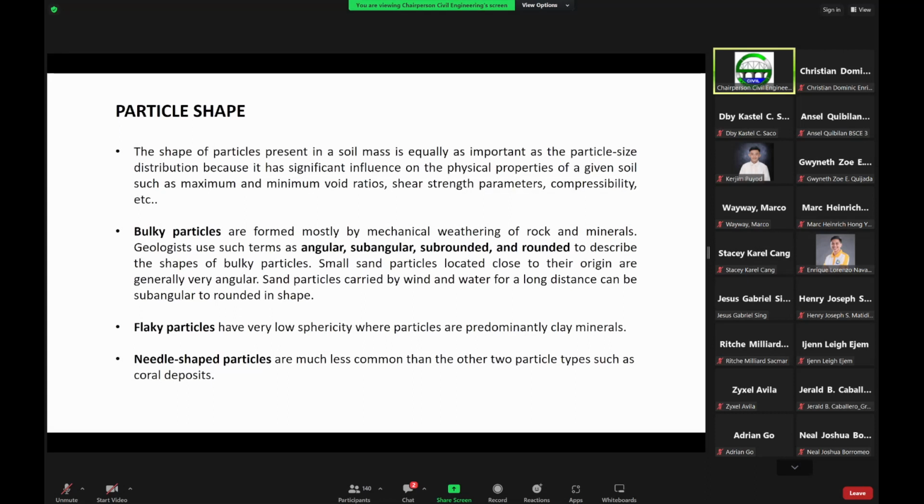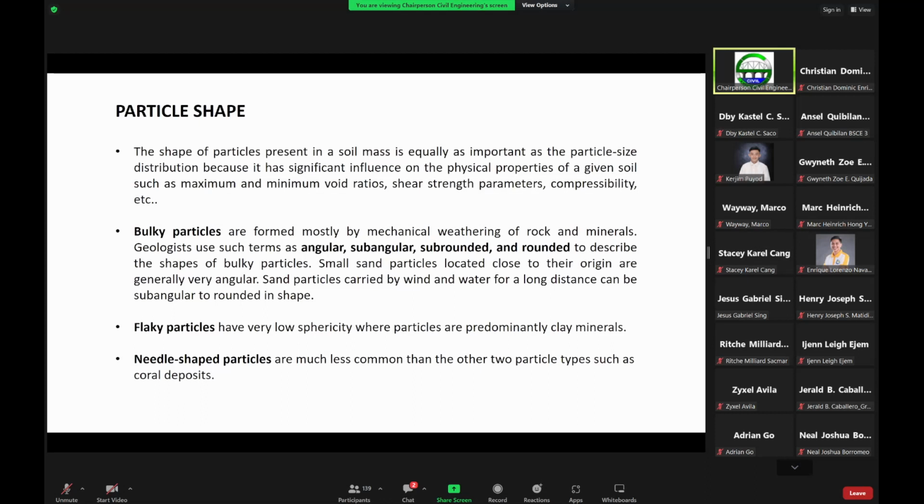Now, flaky particles have very low sphericity, and they are predominantly clay materials. Needle-shaped particles are much less common than the other two types, such as in coral deposits.